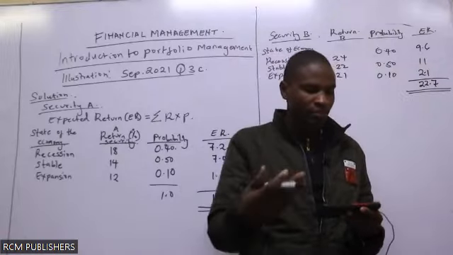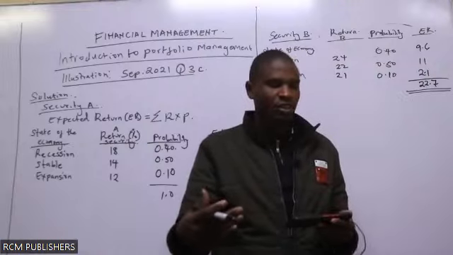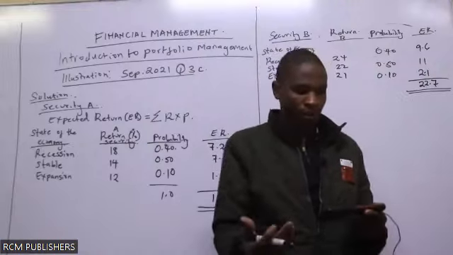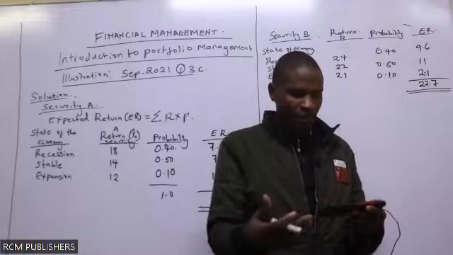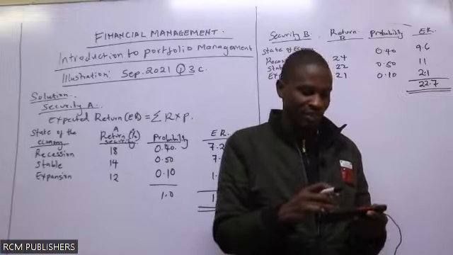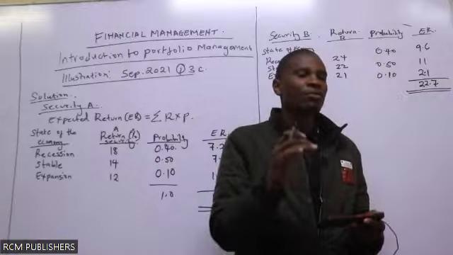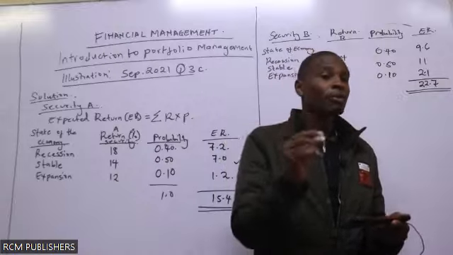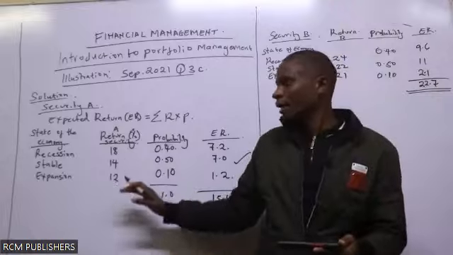The examiner wants the expected return for the portfolio comprising of security A and B. So how do we get expected return? I told you on this. Who can remind us of the formula of getting the expected return of the portfolio? Remember this now. Hapa ni mwanzo.